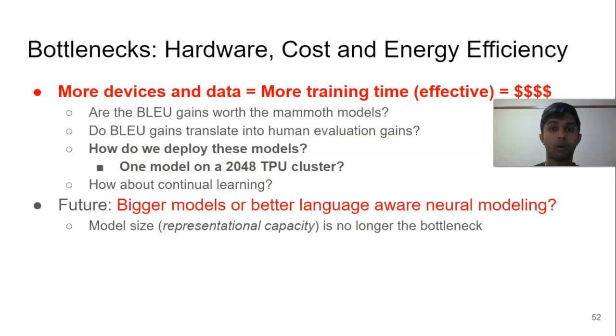We don't even know how costly this is going to be. Furthermore, we don't know how we can have continual learning on these models. In the future, it would be better to focus on language awareness and awareness of language divergence to have better neural modeling, because we are already clear on one thing, that model size, that is representational capacity, is no longer the bottleneck.